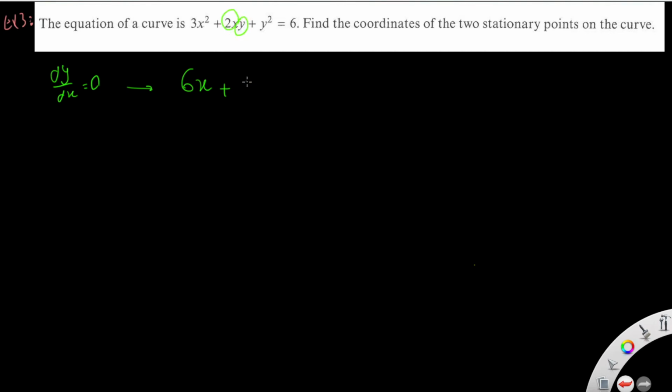Differentiation of 2x is 2 times y plus differentiation of y is, I write dy dx times the first one, which is 2x, plus differentiation of y squared. Chain rule must be implemented. It will be 2 y prime y, so I write 2y dy dx instead of y prime.